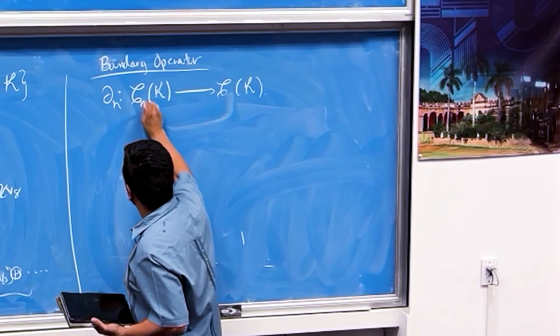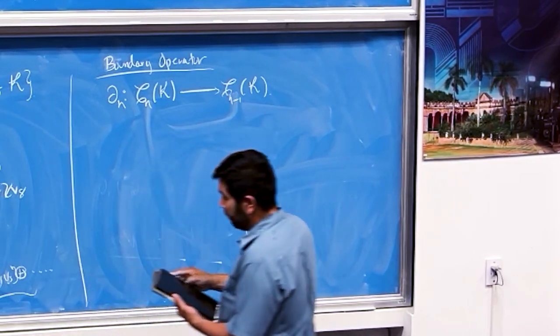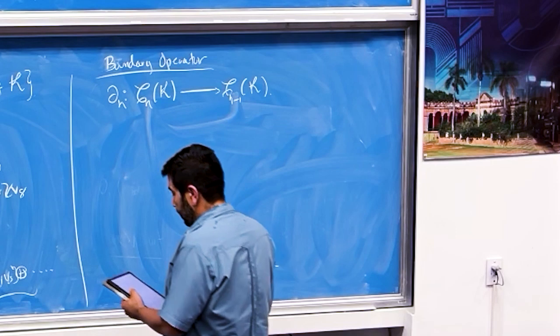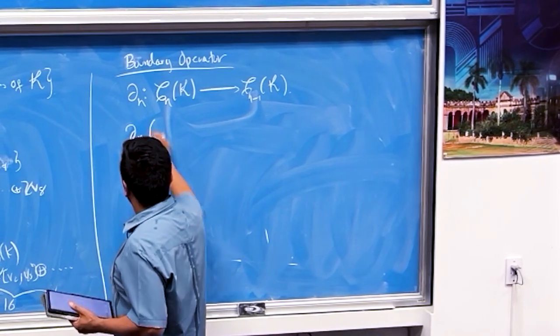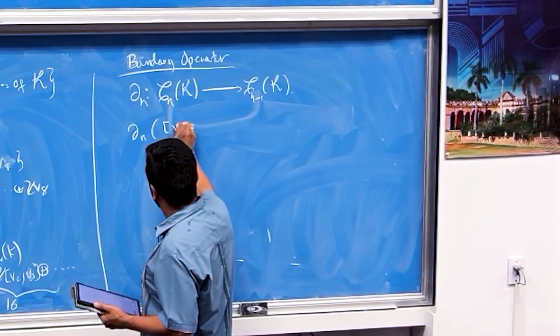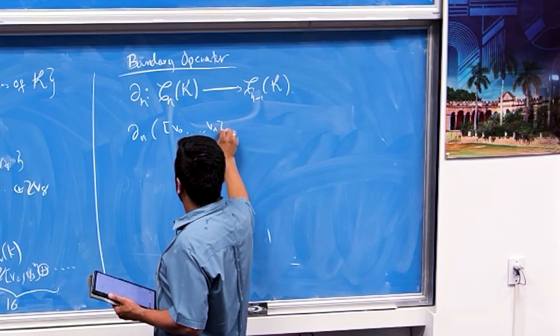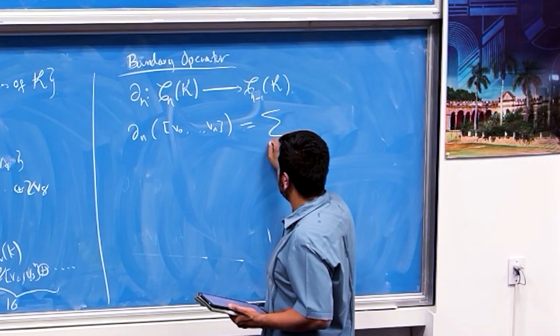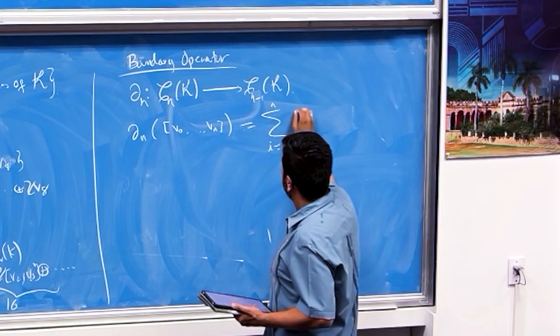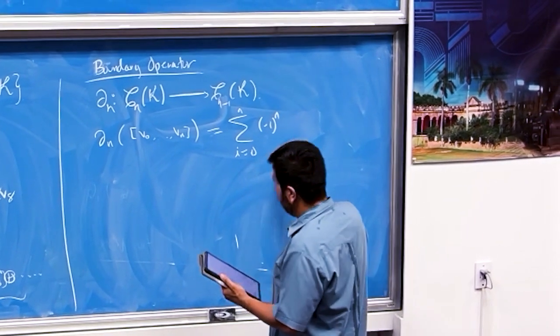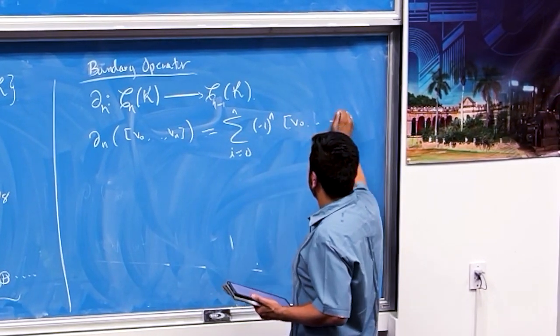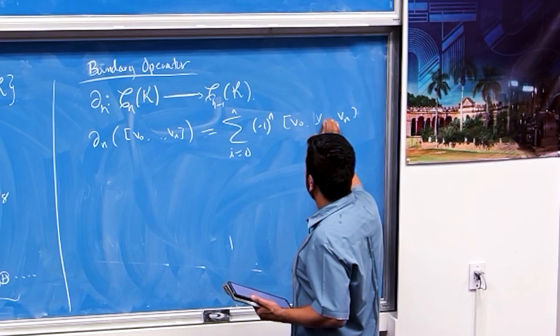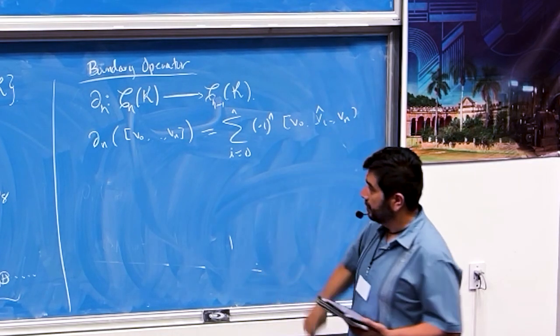The way it is usually defined is that the boundary operator takes a simplex and computes the alternating sum of the simplexes after removing one of its vertices.